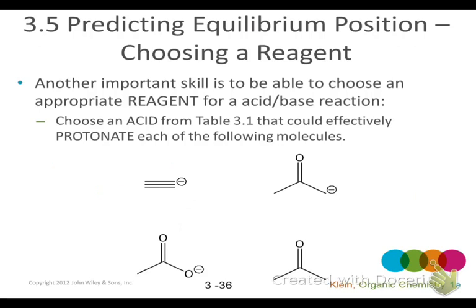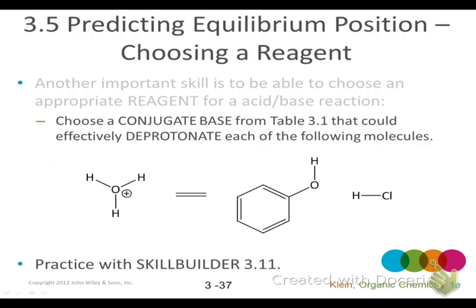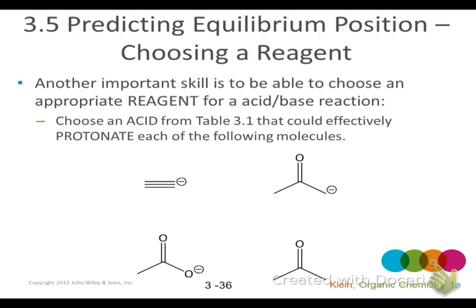So for example, for an acetylide ion, the pKa for the acid for that, flipping back in the book and looking at the table, it's 25. That's for C triple bond CH. If I remember, this one's about 21, 22.